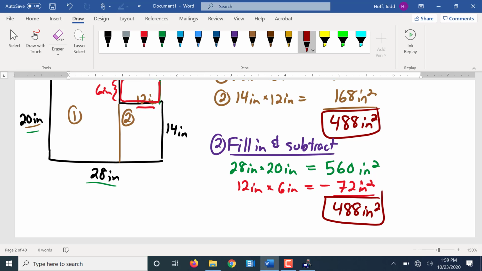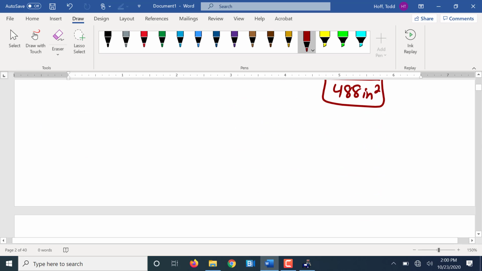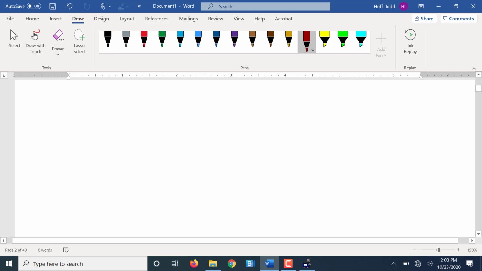In a problem like this one, it's about the same amount of work either way, whether you cut it into small pieces or whether you fill it in and subtract it back out. But there will be different problems where it is more or less work one way or another. For example, I might have a problem like this.